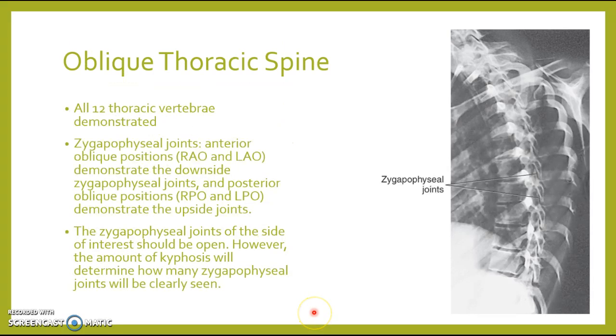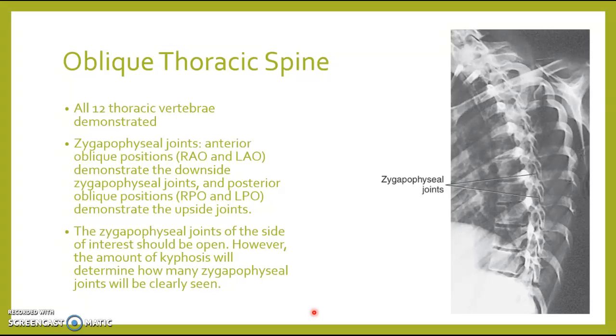For the oblique thoracic spine, all 12 thoracic vertebrae must be demonstrated. For the anterior oblique projections or positions, the RAO or the LAO, it demonstrates the zygapophyseal joints that are on the down side. So an RAO would demonstrate the right zygapophyseal joints.